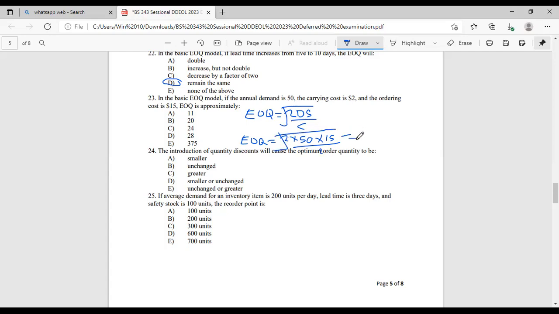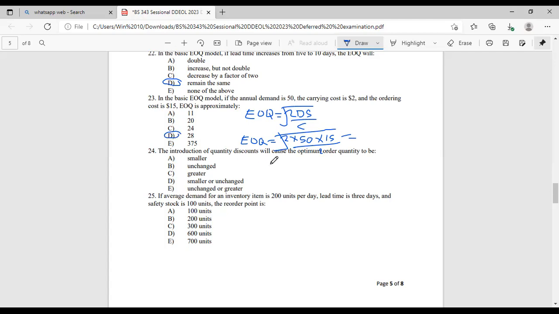So we can say 2 multiplied by 50 multiplied by 15 divided by 2, the square root. So it's approximately 28. The answer is D.